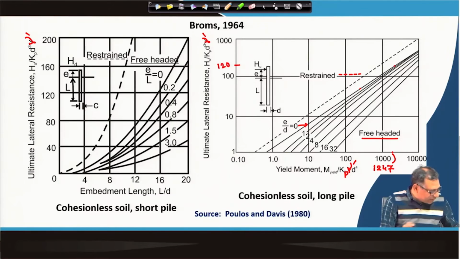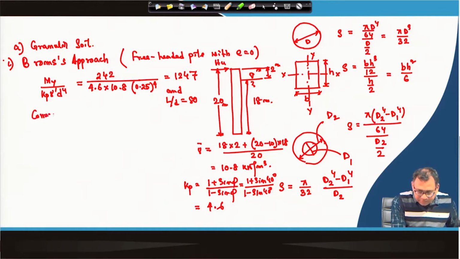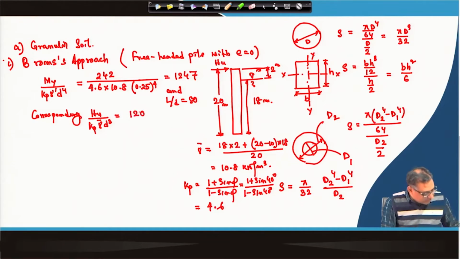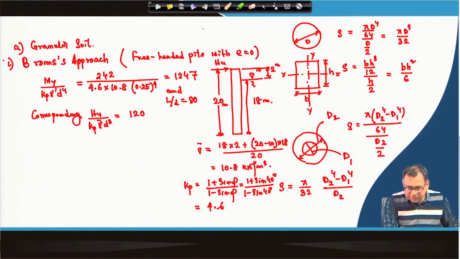So, the value that we are getting for Hu divided by Kp d cube gamma dash is 120 from the chart. Here in place of gamma dash we are using gamma bar.